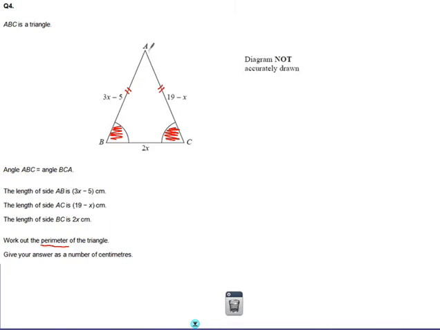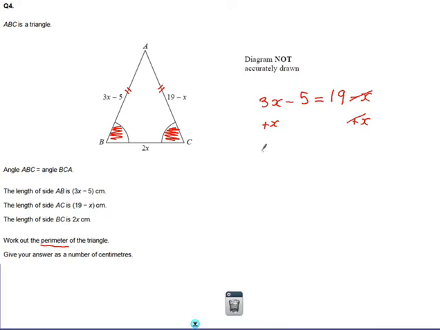Okay, right. So we know that these two lengths are the same, so we can equate them together. So 3x minus 5 is the same as 19 minus x. And just solving this, which side has the least amount of x's? It's this right hand side. So to get rid of this x, we add x on both sides. So this will cancel out.